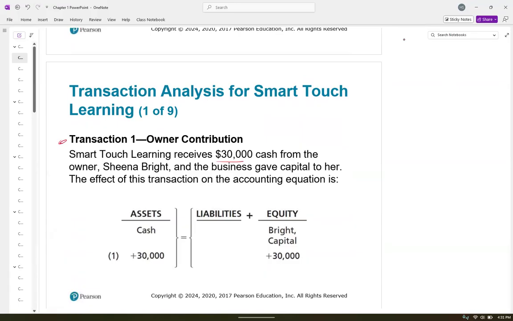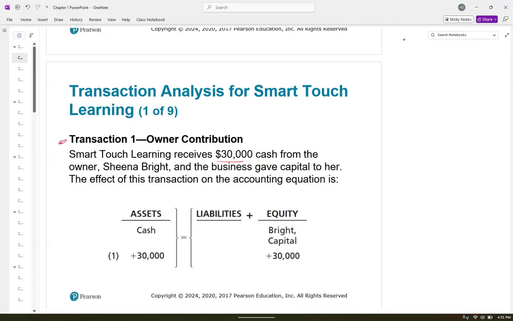I always try to tell students, figure out what's going on with cash first. A lot of entries involve cash, but there's a few that don't.